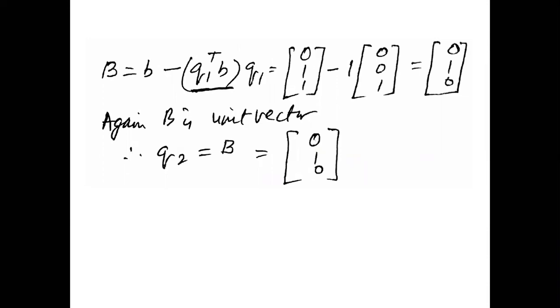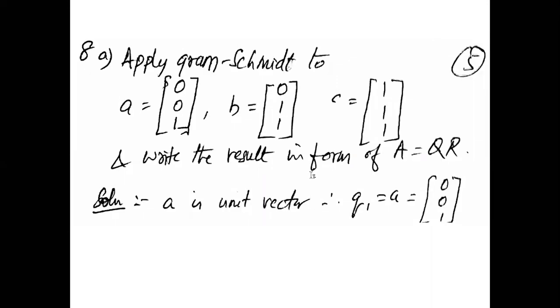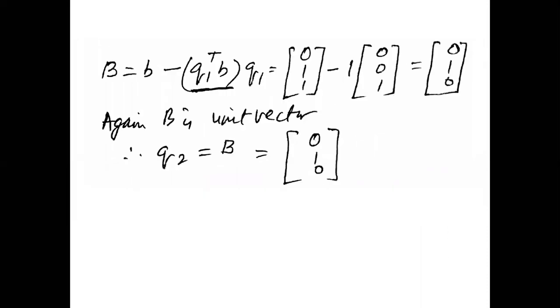So first B will be the matrix B here, 0, 1, 1, minus Q1 transpose B into Q1. This entire factor gives us the projection of Q1 on B. That's what I was saying: the subsequent basis will depend on the previous basis.